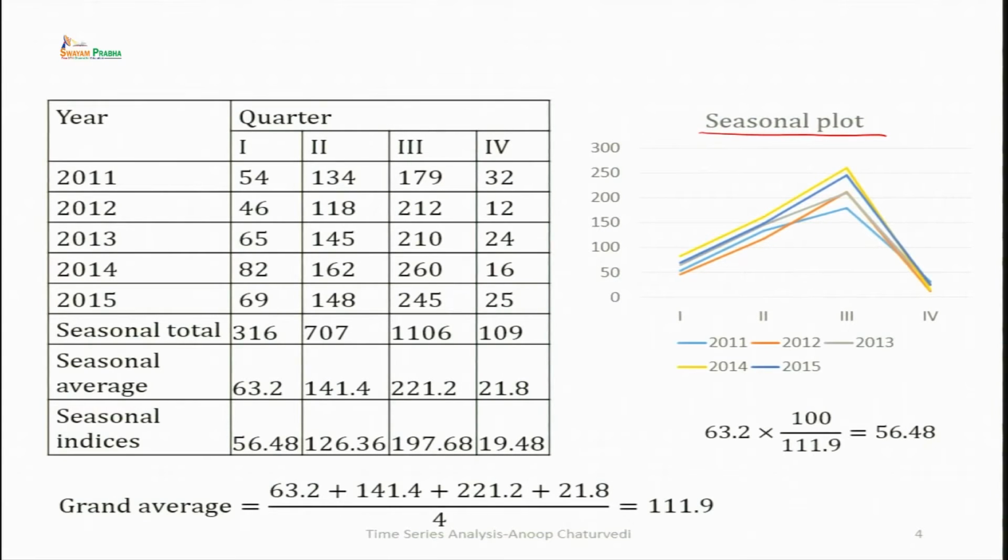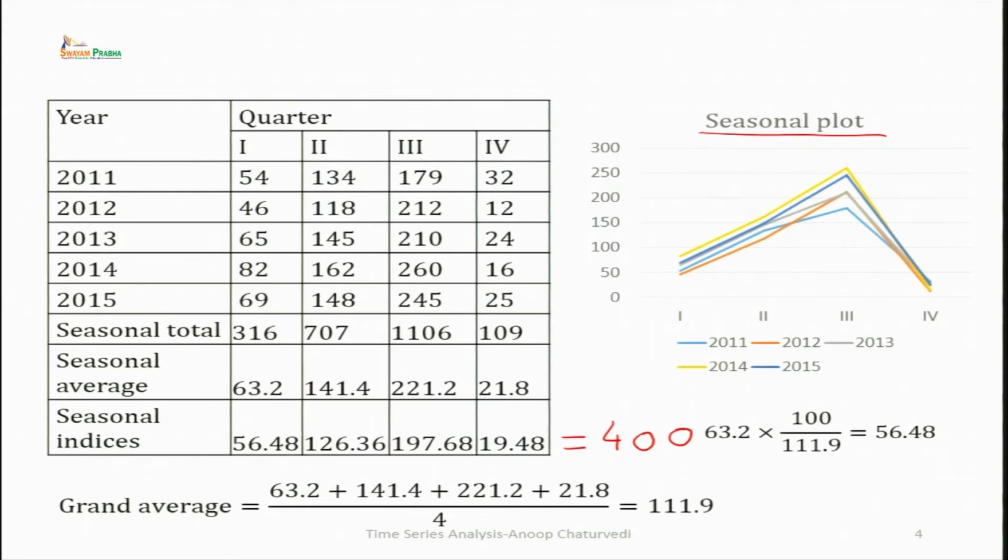Similarly, you can calculate the seasonal indices for the second, third and fourth quarter also. And if you add all these seasonal indices for the 4 quarters, then the summation is 400.